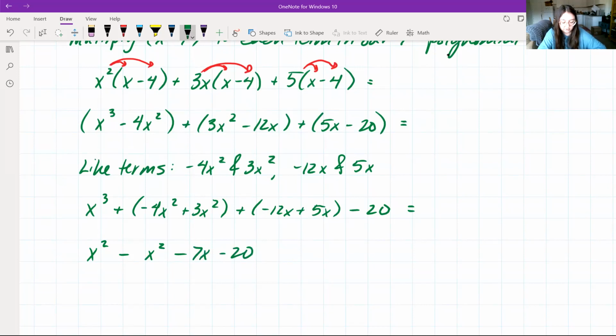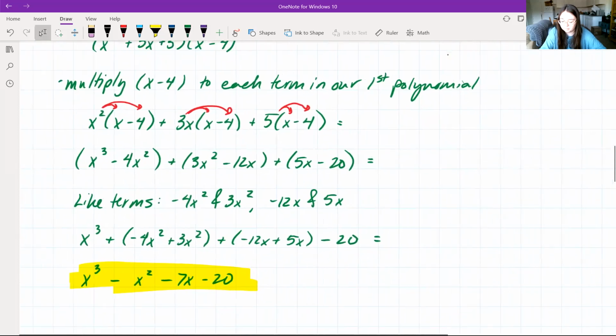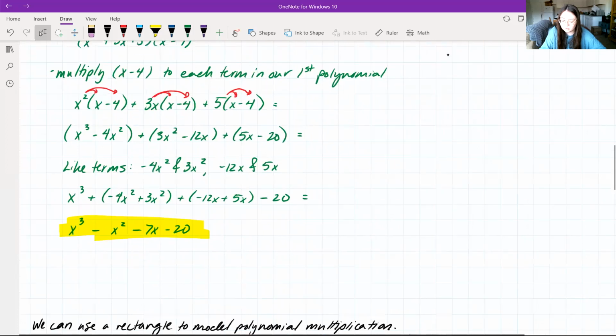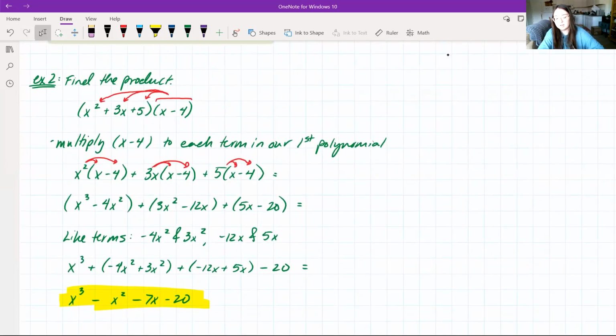So we'll end up with x cubed minus x squared minus 7x minus 20. So this is one way that we can multiply polynomials together.